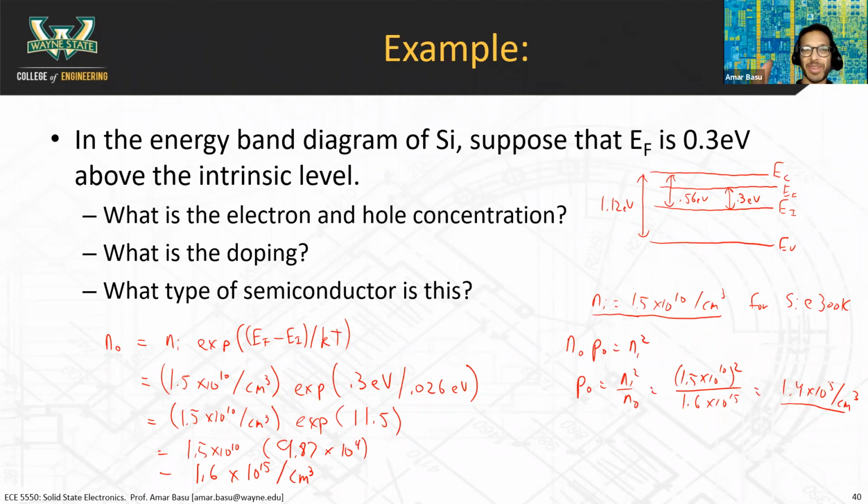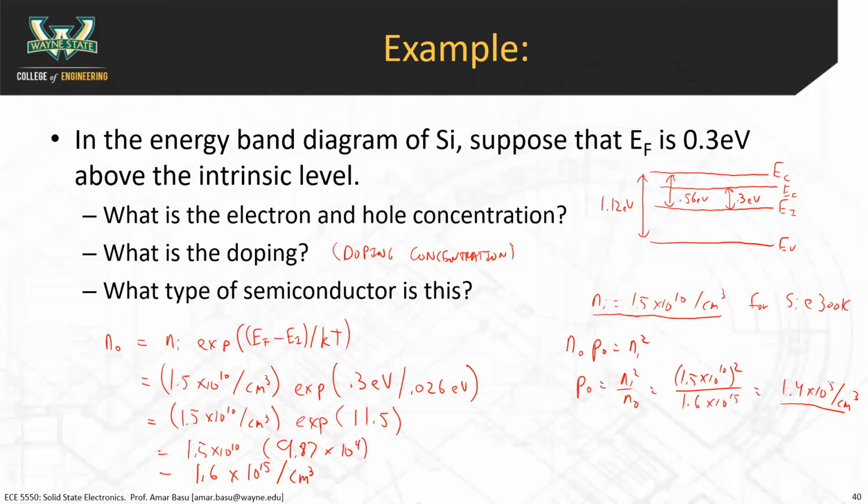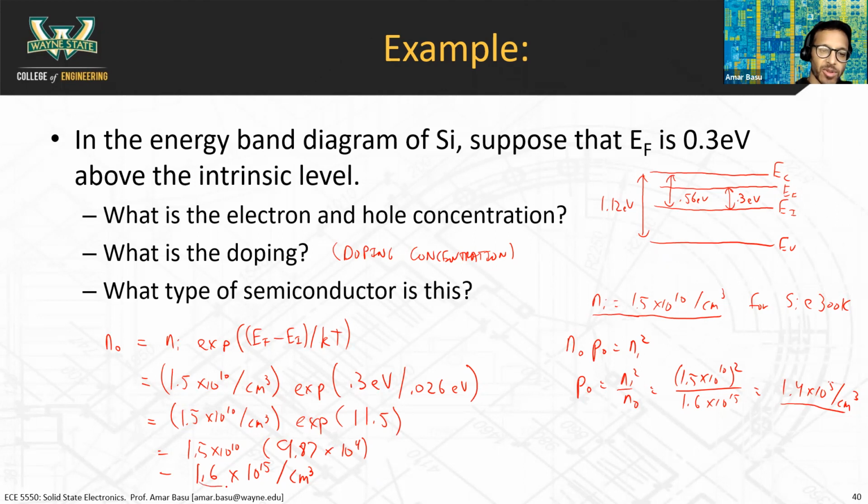I'll just go ahead and do it because we're just about out of time here. So when we say doping, I just mean doping concentration. Okay, so I will say that ND is equal to 1.6 times 10 to the 15th per centimeter cubed.